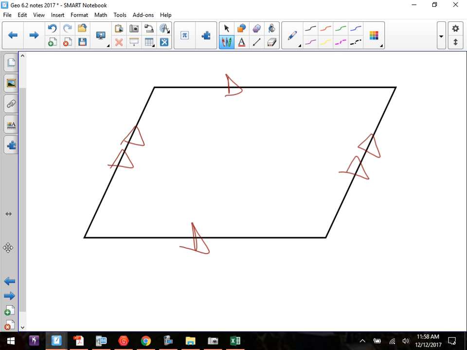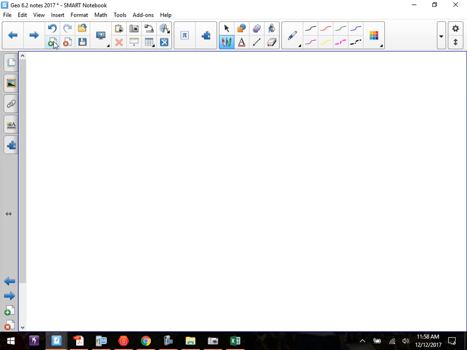All right, let's go back and think of this. When you have parallel lines that are cut by a transversal, what do you know about consecutive interior angles? They're what? The same?